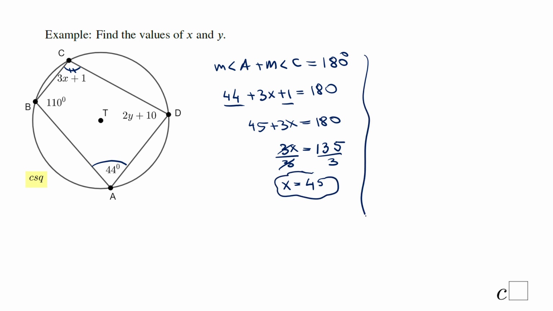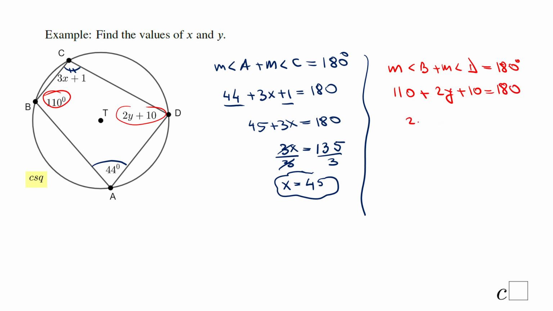For finding y, very similar, we're going to look at these two angles. And let me write again the geometry statement, I think it's important: the measure of angle B plus the measure of angle D equals 180. And we have 110 plus 2y plus 10 equals 180.